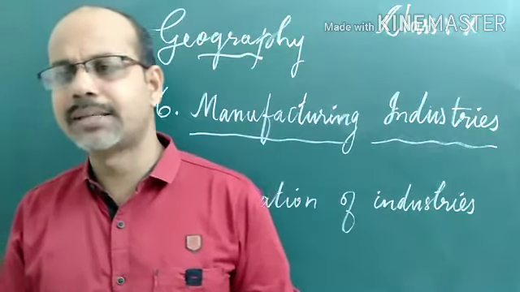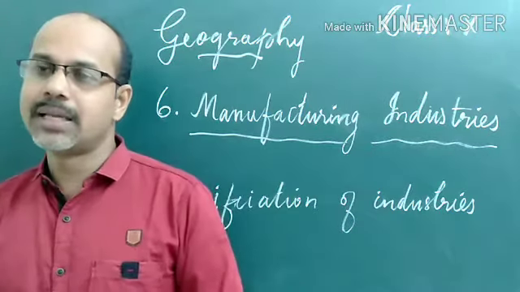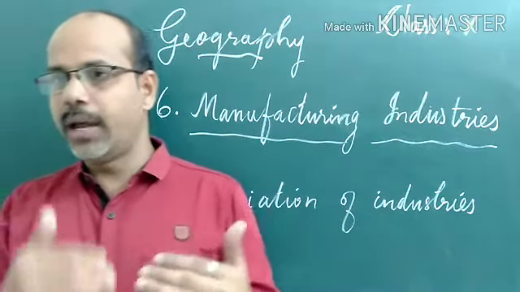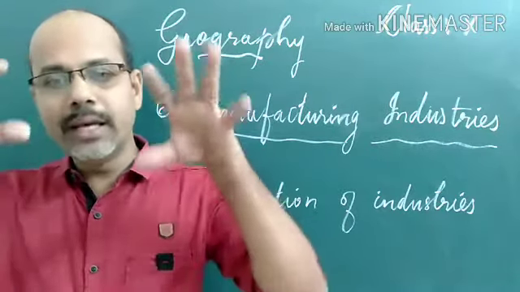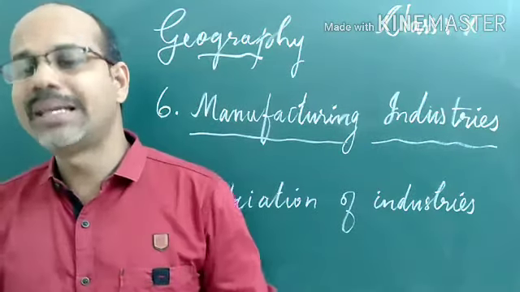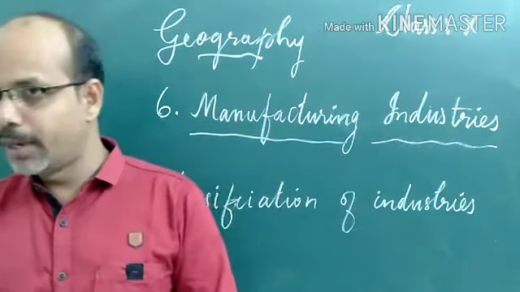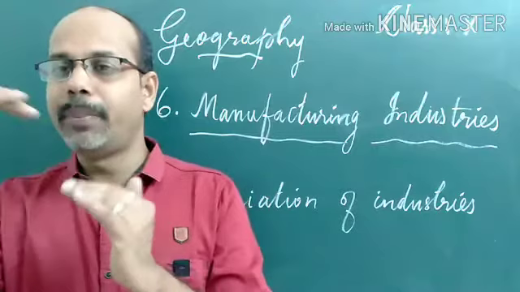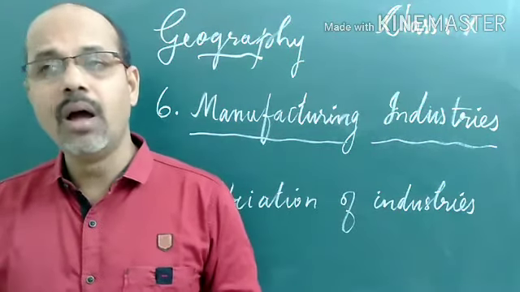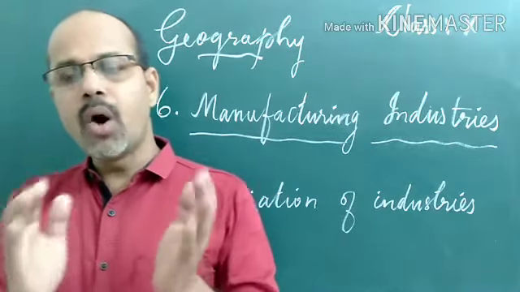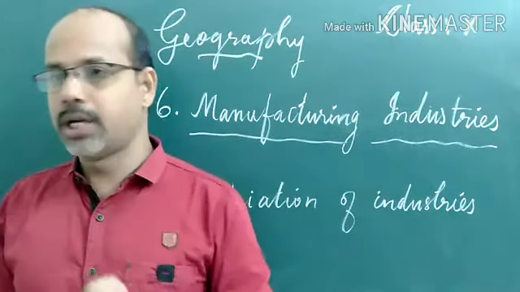Some examples are BHEL, Bharat Heavy Electricals Limited, or SAIL, Steel Authority of India, etc. These are completely public sector industries, which means they are completely owned by the government only. No private person or individual has any interference in this sector of industry. Now coming to the private sector, this is also on the basis of ownership.